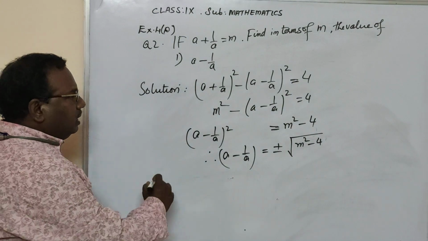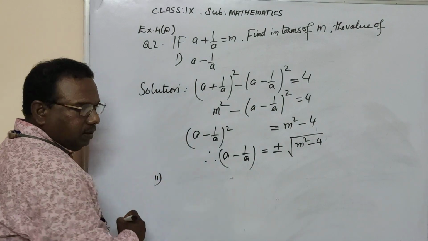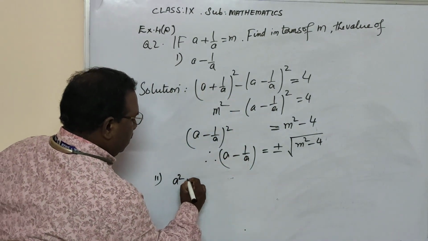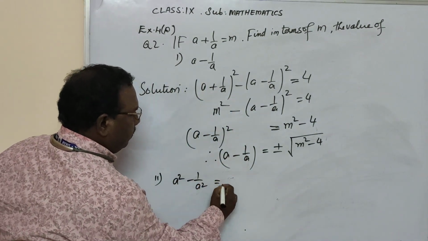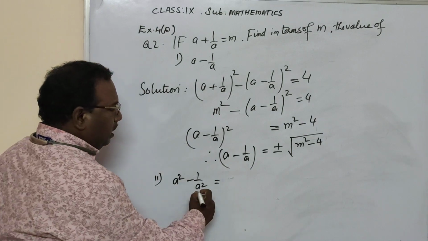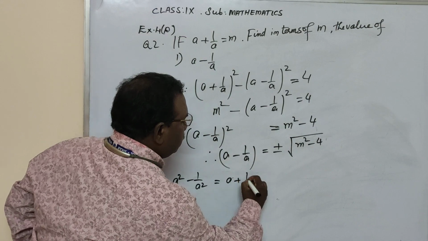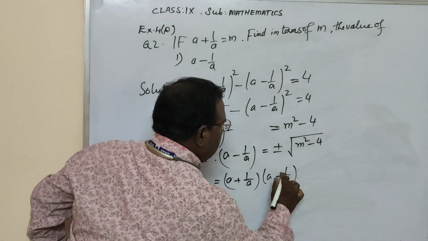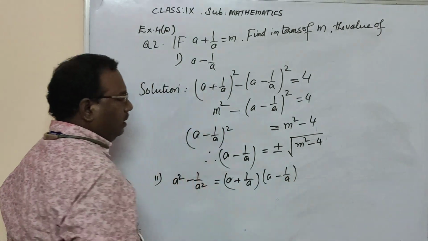Let us solve the second part also. Find the value of a square minus 1 by a square. A square minus 1 by a square equals (a plus 1 by a) into (a minus 1 by a). We know this identity.